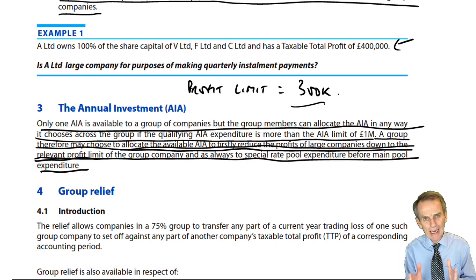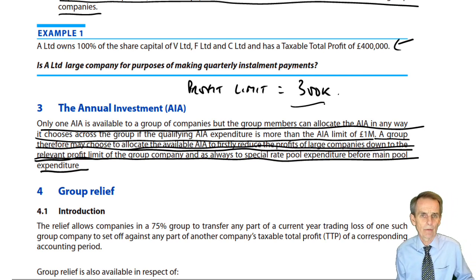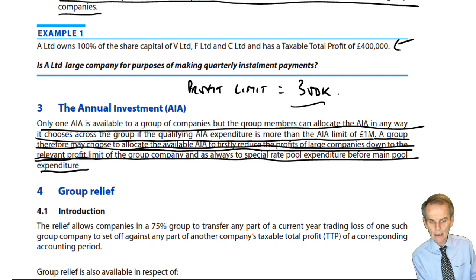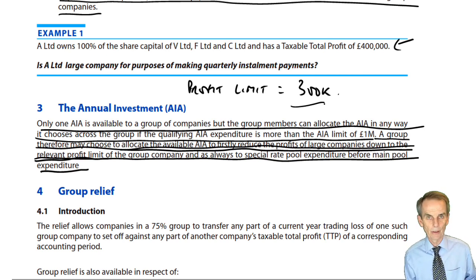If I am able, through allocating AIA to a company which has, say, a profit of 500,000, to bring that profit down, what do capital allowances do? They reduce the trading income, and therefore with it they reduce your TTP, and with it your profit figure.